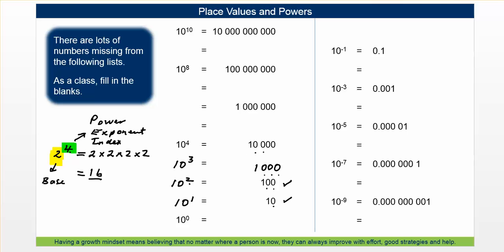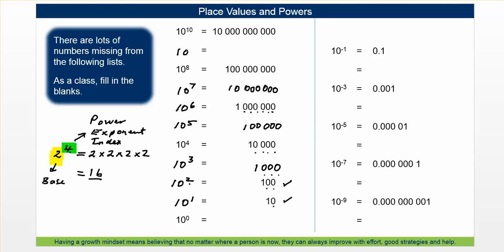10 to the power of 4, we get 4 zeros, and we keep going. 10 to the power of 5, we're going to get 100,000. So what's a million? This is a million here, 6 zeros. It's going to be 10 to the power of 6. 10 to the power of 7, it's going to be 10 million. 10 to the power of 8 is 100 million.